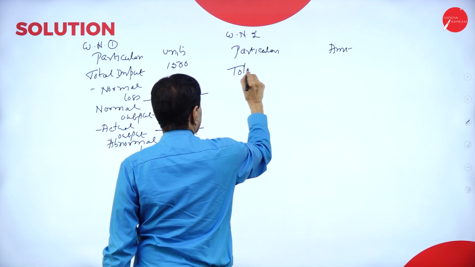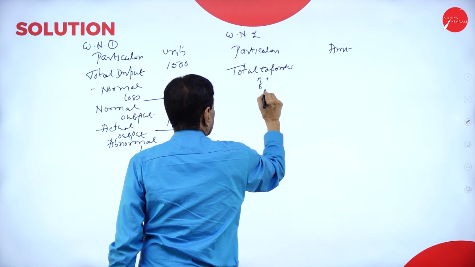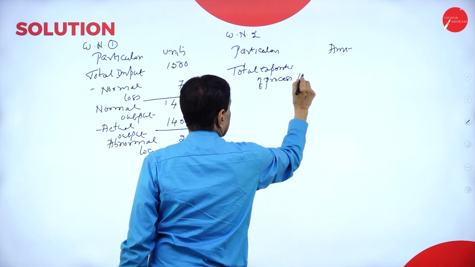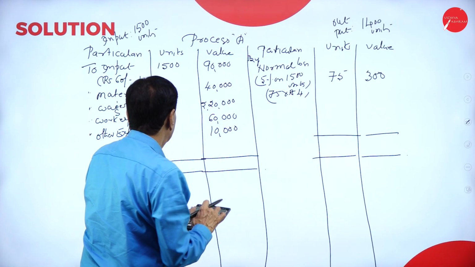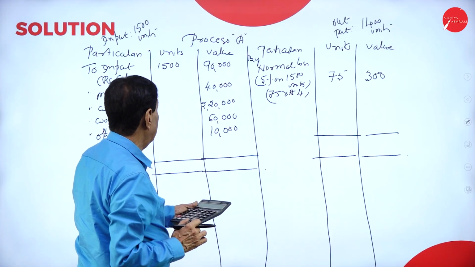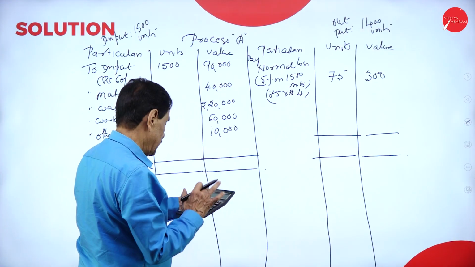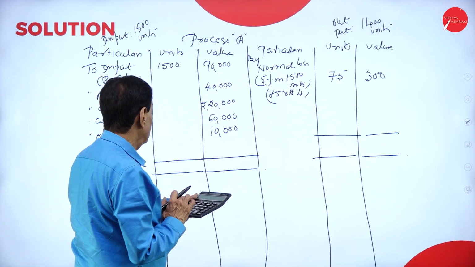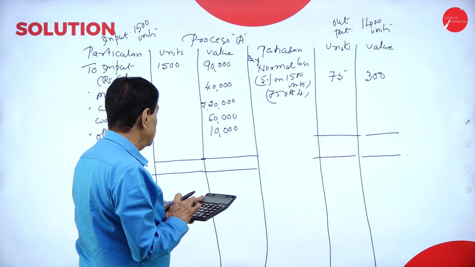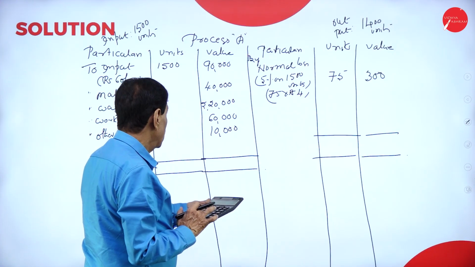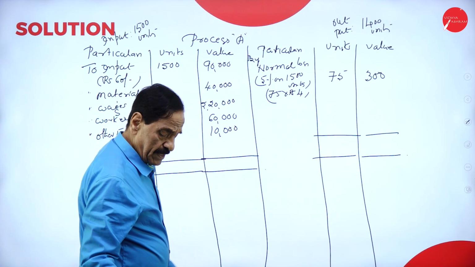Total expenses of process A. You have to add amounts: 90,000 plus 40,000 plus 2,20,000 plus 60,000 plus 10,000, equals 4,20,000.